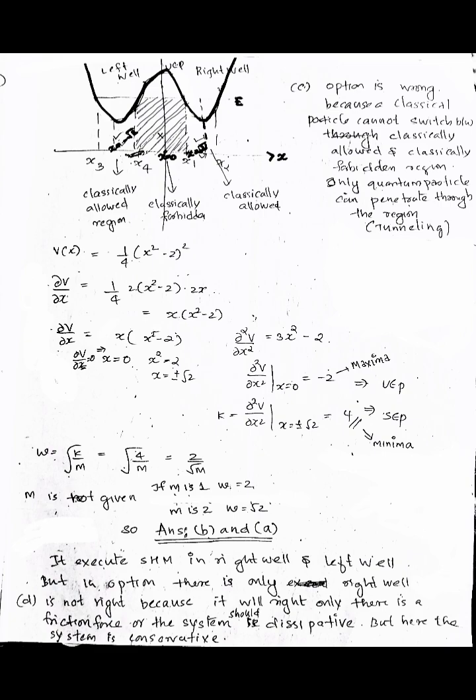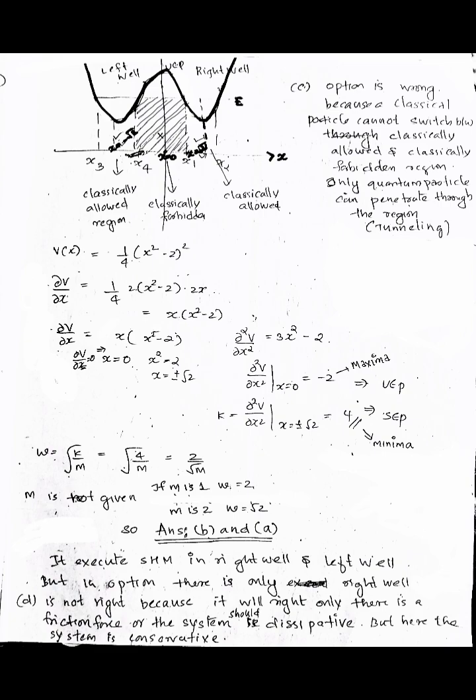So here we have given V is equal to 1 by 4 into (x square minus 2) the whole square. So that dou V by dou x is equal to 1 by 4 into 2 into (x square minus 2) into 2x, that is x into (x square minus 2). If we equate this to 0, that is dou V by dou x is equal to 0, we get the equilibrium points, that is x is equal to 0 and x is equal to plus or minus root 2. We can find dou square V by dou x square, that is equal to 3x square minus 2.